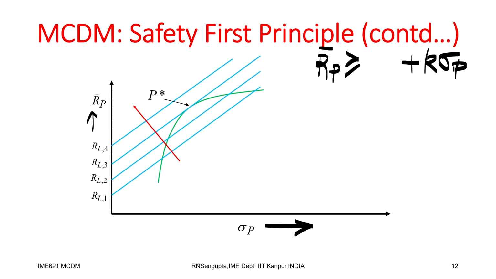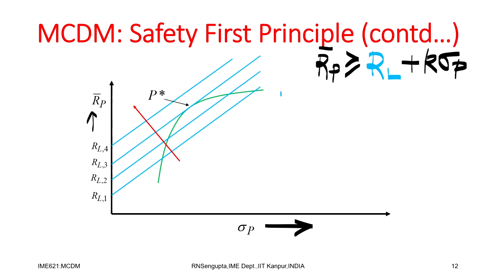Why have I not written RL? Because I wanted to use a different color, because it is changing, it can be changed. So, let me use the blue color, as it is in the graph. I keep changing RL.